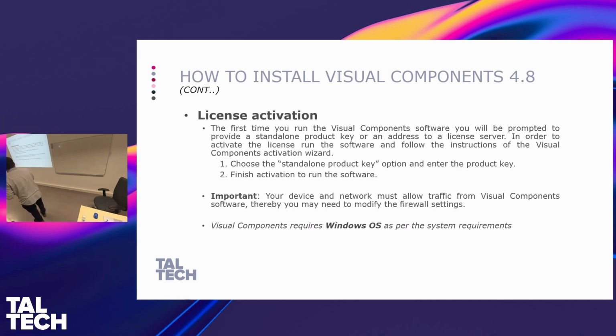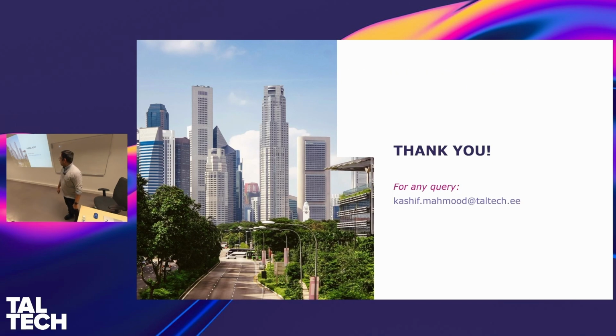If you have the key, then you choose this option, and internet is good to have so that you can download some models online. But for Mac users, it's not good news: the iOS operating system is not compatible with that. It only supports the Windows operating system. So that is one of the things right now. So that's it for this part of the lecture.